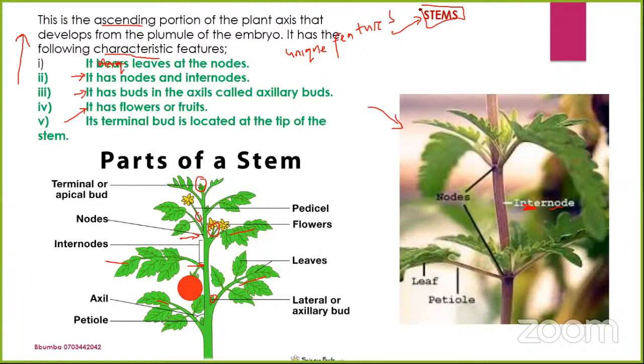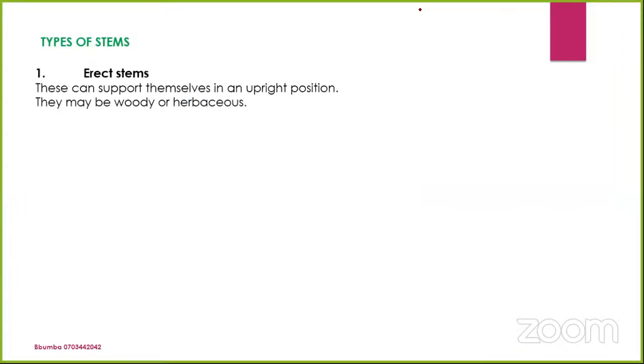Of course, there are very many ways in which stems can be grouped or identified. Some can categorize stems as erect stems. Erect means something which is standing upright. So erect stems can support themselves in an upright position, and they may be woody or herbaceous. What do I mean by herbaceous?